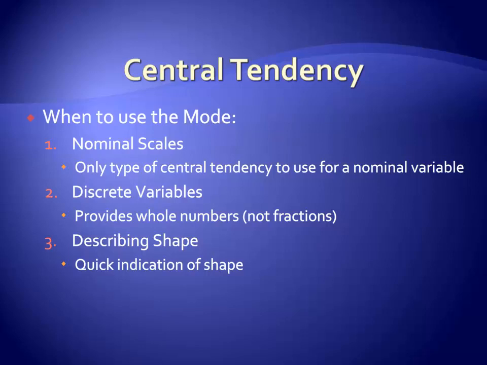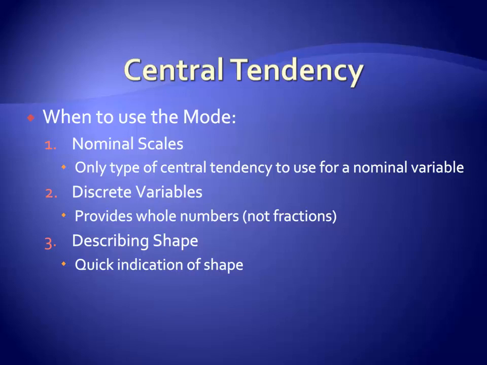The final instance in which the mode is more useful than the median and mean is when we want to get a quick approximation of the shape of a distribution. In a normal distribution, typically, and there are exceptions to this, the mean is equal to the median, which is equal to the mode.